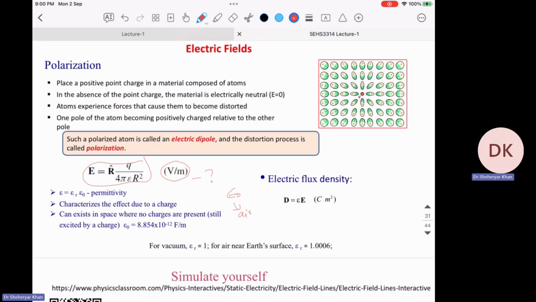Now, rather than calculating everyone's permittivity separately, I use relative permittivity. What does relative mean? That means that one is the topper in your class, and all the other students get relative marks. For example, the topper gets 4, others get 3.9, 3.8, 3.7. That's relative, right? So how much factor multiplied by the topper will the others get? Understand? That's what we call relative.